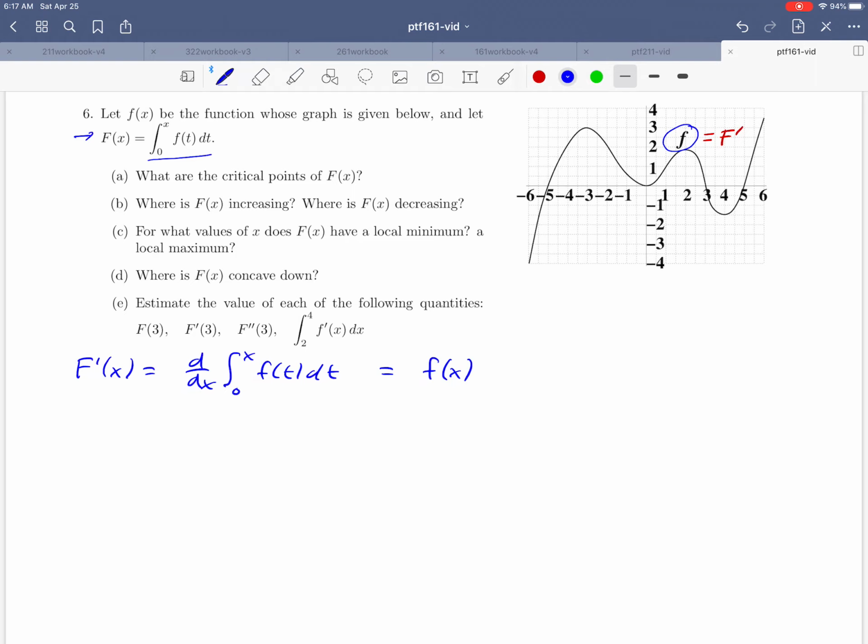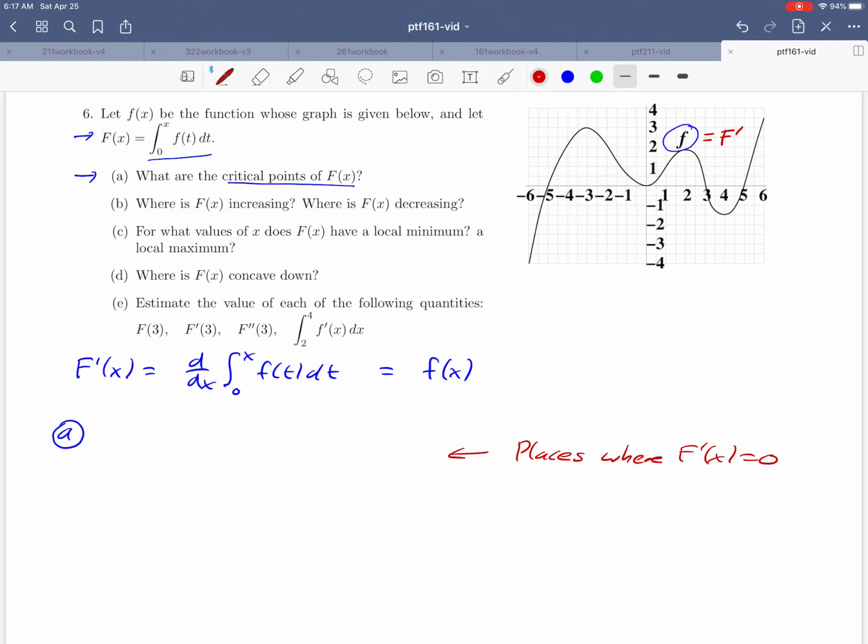All right, so let's see if we can answer part A with that information. So A is asking us for the critical points of capital F. Okay, and you might remember that a critical point is a place where the derivative is 0. Okay, so our answers to this question should be places where the derivative of capital F is 0.